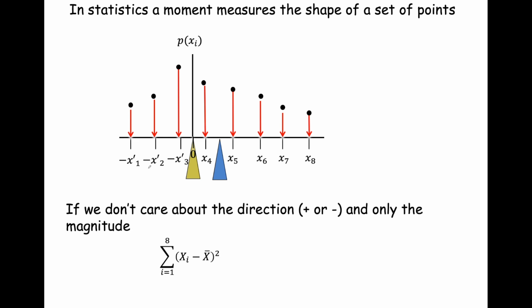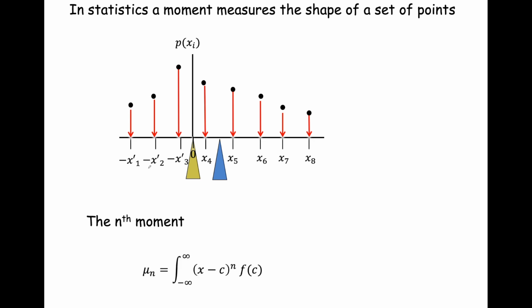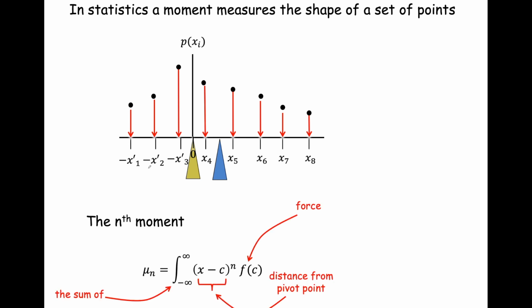we don't care about whether a point value is greater than or less than this new center, our center of mass. We care about the magnitude. So we're going to square this difference. And we square this difference, we generalize it with the sum or integral, depending on if it's a discrete or continuous distribution.